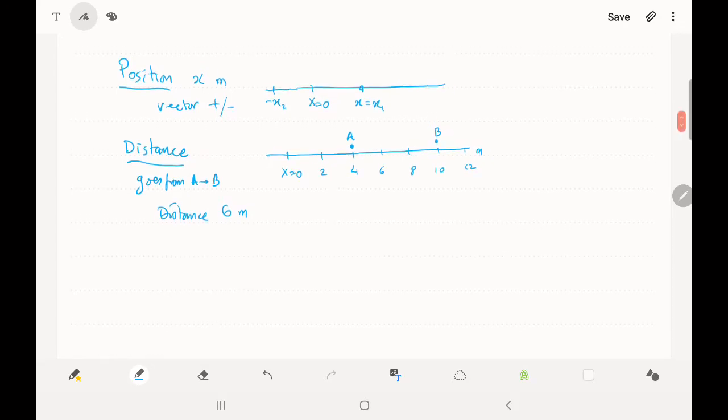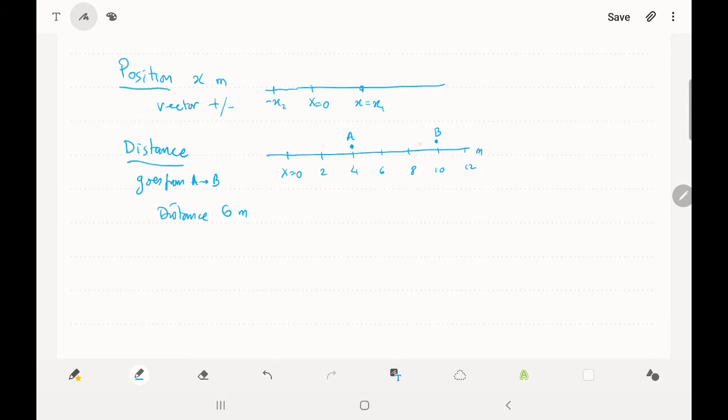Now, if it were going from B to A, it would still be 6 meters, because distance is always positive. Now let's suppose that the object went from A to B, and then it went in reverse, because to turn around means it's in 2D.